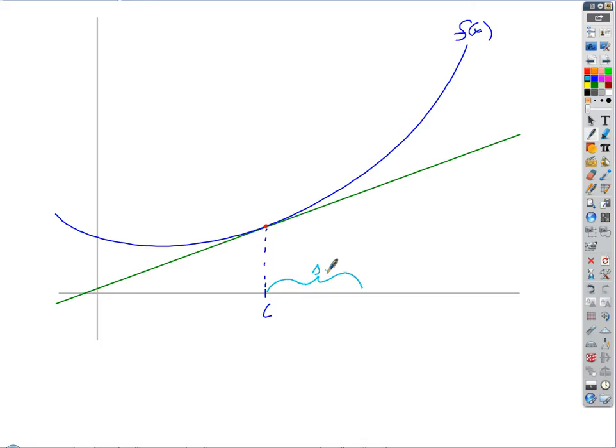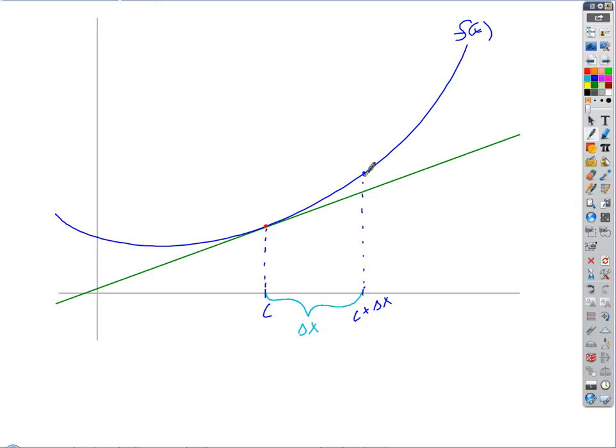I should put that on the bottom. It's going to get crowded. So then this x value is just going to be c plus delta x.